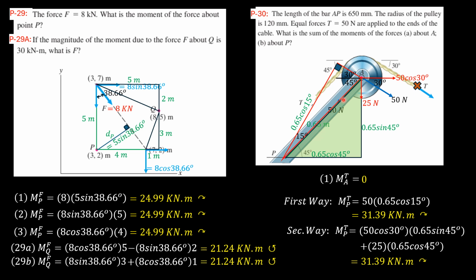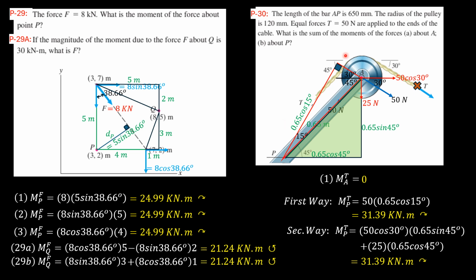Then the 50 newton force, which makes 45 degrees with the horizontal, passes through A. So this tension has no moment about P. Only this 50 newton tension here has moment about P. Now to do that, I extend the line of action of 50, and this is the perpendicular distance of the other 50 newton tension from point P.